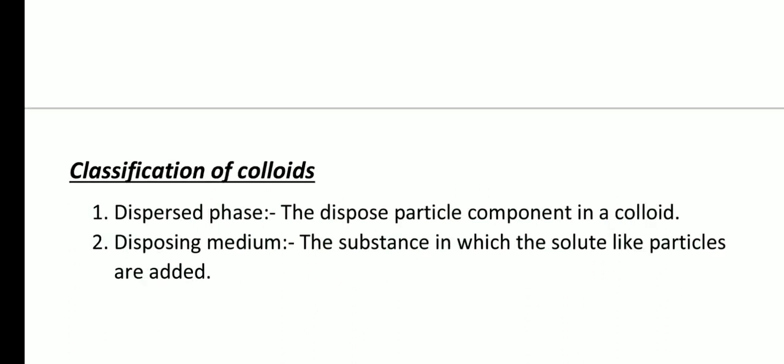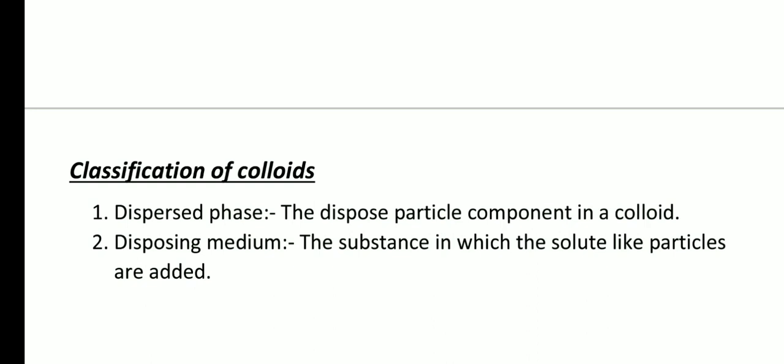Now, classification of colloids. It is based on dispersed phase and dispersing medium. The dispersed particle component in a colloid is known as dispersed phase, and the dispersing medium is the substance in which the solute-like particles are added.